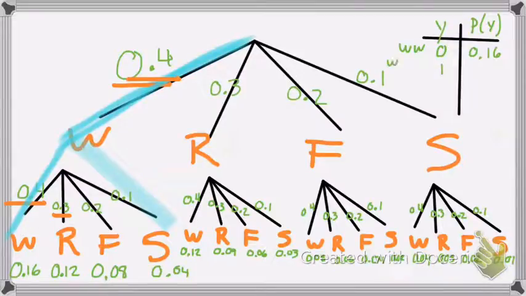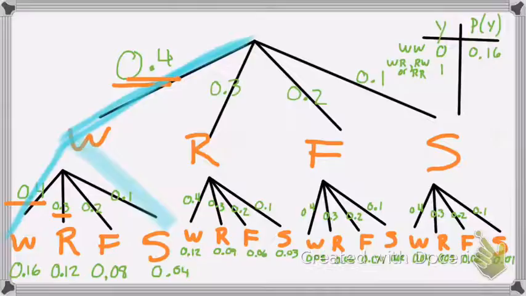Now, a y value of 1 could represent several different possibilities. It could mean the first one arrives on Wednesday, the second one on Thursday, or it could mean the first one arrives on Thursday and the second one on Wednesday, or it could mean both the magazines arriving on Thursday. All of those would mean I have both of my magazines one day after Wednesday or on Thursday. So what I'm going to need to do to answer that question is add those three probabilities together.